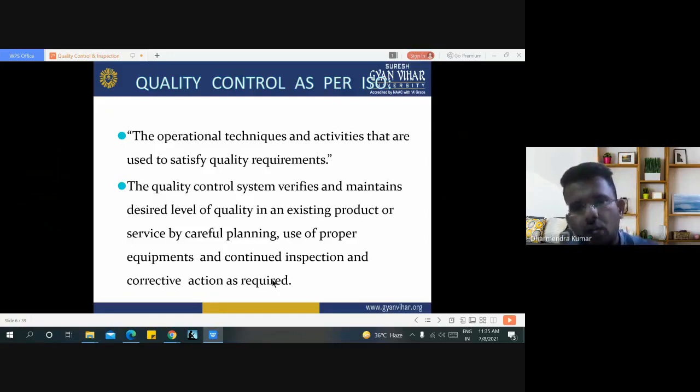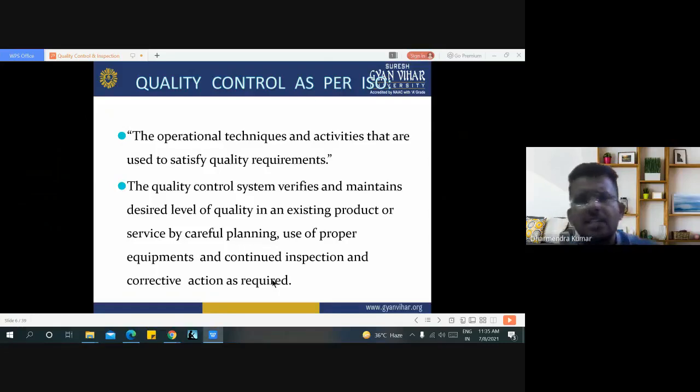The quality control system verifies and maintains the desired level of quality in an existing product or service by careful planning, use of proper equipment, and continued inspection and corrective action where required.